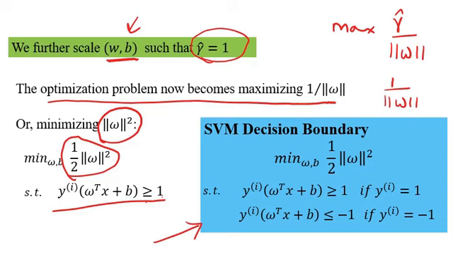So this is the SVM decision boundary which we obtain by stating the optimization problem and transforming it to make it mathematically more convenient.